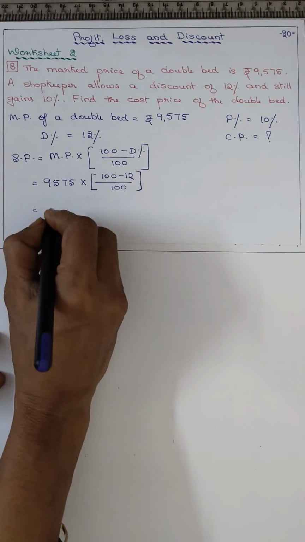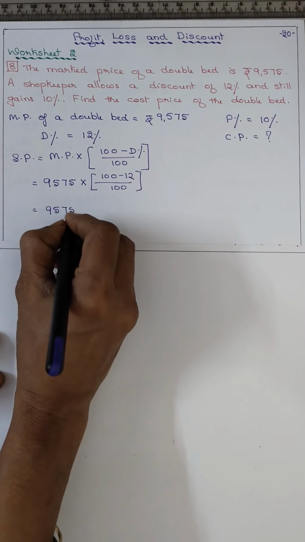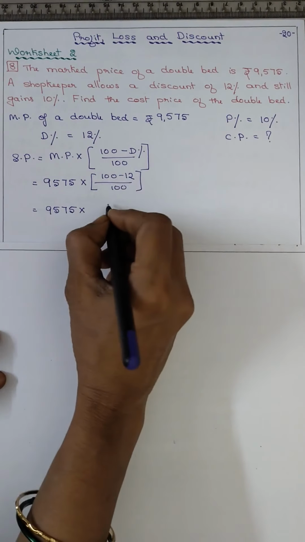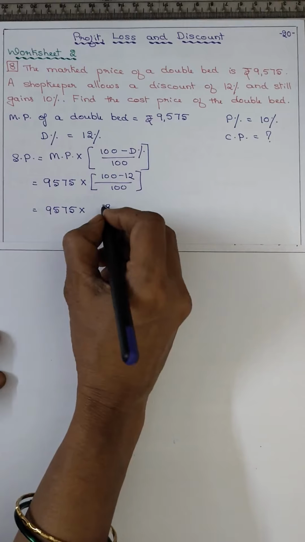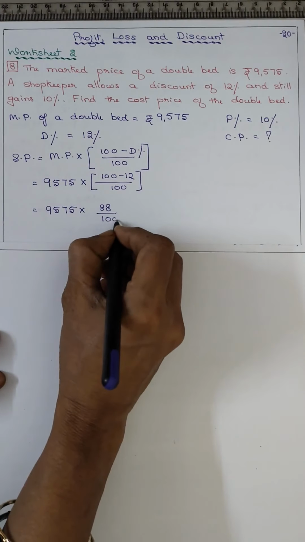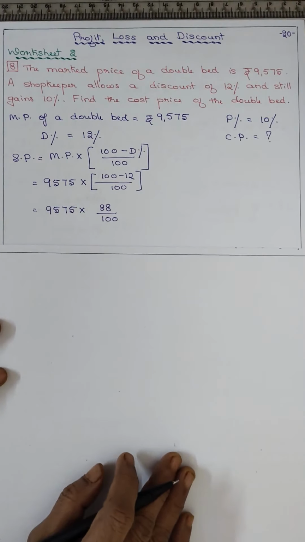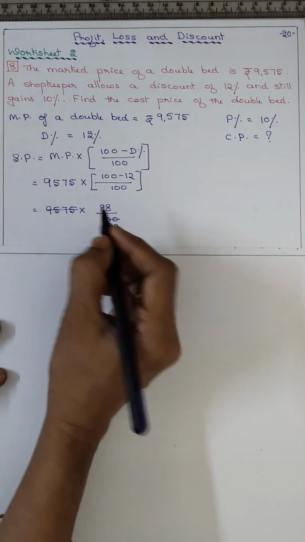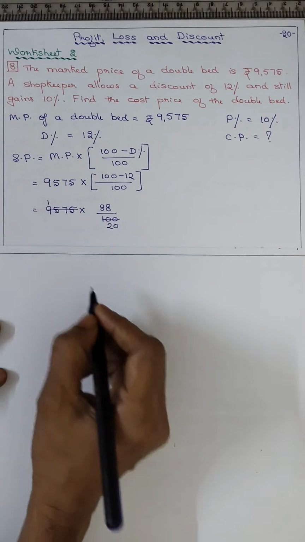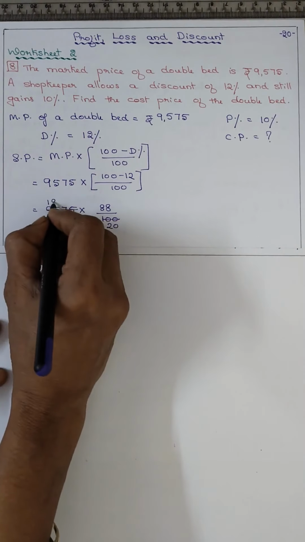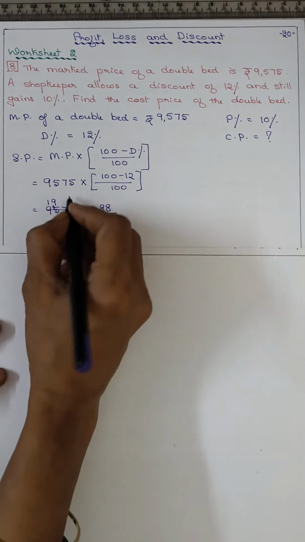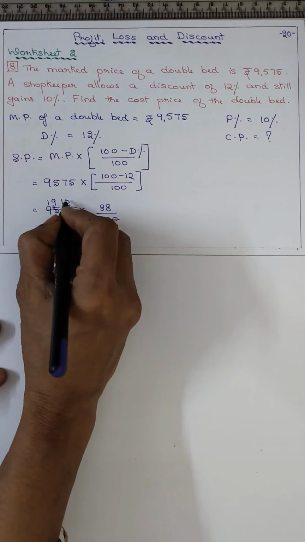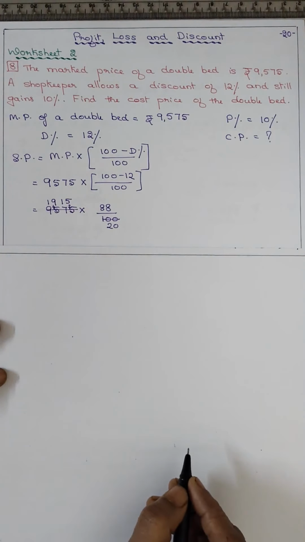So, it will be 9575 into (100 minus 12 is 88), upon 100. Now, 5 20s are 100, 5 1s are 5, 4 remains, 5 9s are 45, 5 1s are 5, 2 remains, 5 5s are 25.